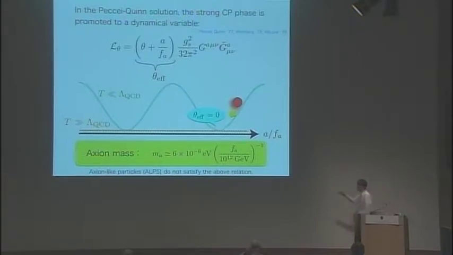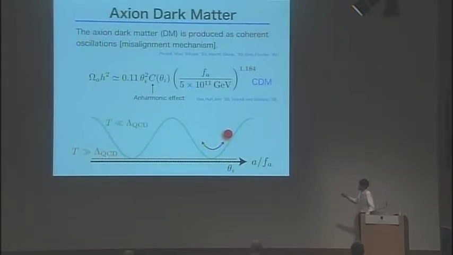And this dynamical solution of the strong CP problem works wherever the axion initially is. So we expect the initial position of the axion to generically deviate from the CP conserving minimum by a factor of order unity. So it starts to oscillate about the CP conserving minimum with an amplitude of order Fa.